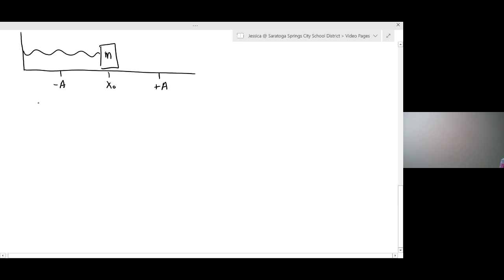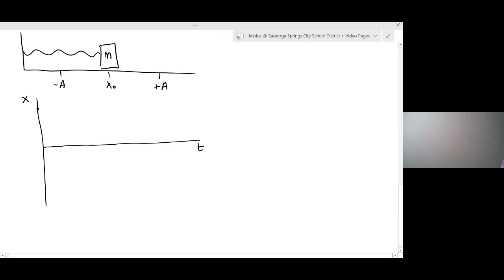So we most commonly look at these as graphs, and I think with a lot of the classes I was actually able to set up a motion sensor and we were able to look at the graphs of position versus time and whatnot. Now if you remember the position versus time graph, let's say we push this or we pull this out to positive A.